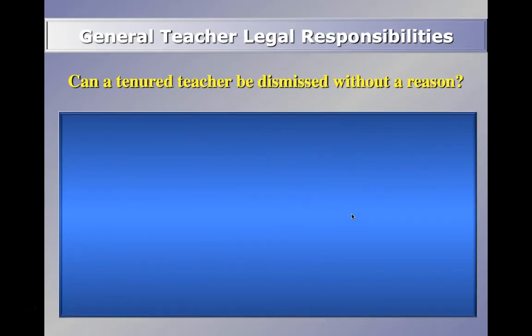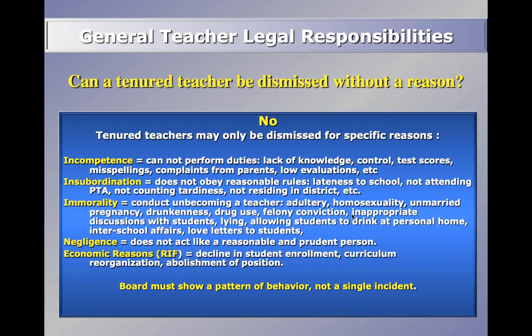Can a tenured teacher be dismissed without a reason? Well, as we just mentioned, the answer is no. You can be dismissed for almost anything that the board wishes to, but the ones that have been upheld fall under 5 categories: incompetence, insubordination, immorality, negligence, and economic reasons. We call it RIFing.